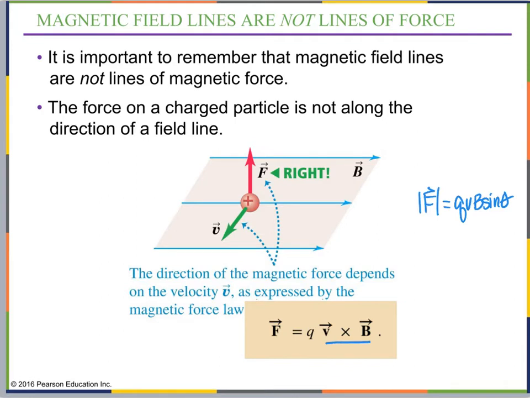So for instance, in this picture, they're trying to show in the shaded plane is where the magnetic field lies. And then the velocity vector here is in that plane as well, but it's perpendicular to the magnetic field. And then because the force is the cross product of the velocity and the magnetic field, the force is perpendicular to both of them. And we would use the right-hand rule to figure out that direction.